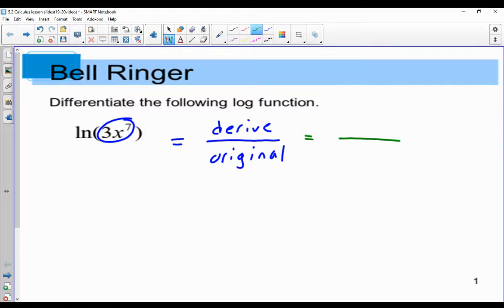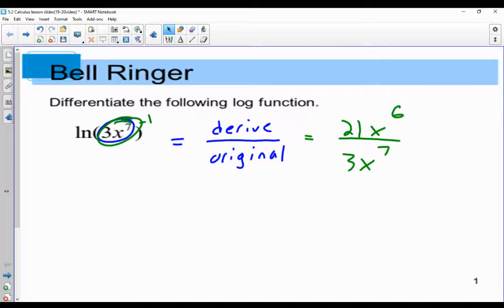So for the top, we're going to take the derivative of 3x to the 7th. Multiply the 7 to the front, you get 21. And then you subtract 1 from the power, so you should get x to the 6. And then once you have that, you divide by the original, and the original was 3x to the 7th.